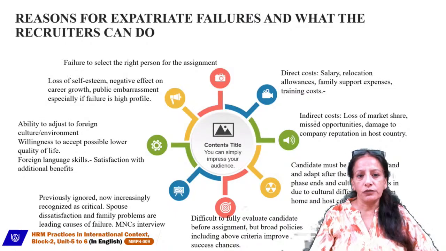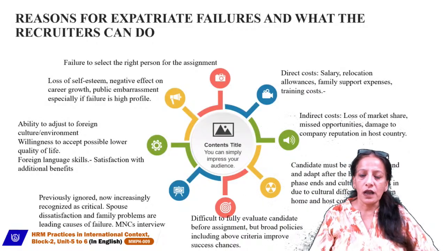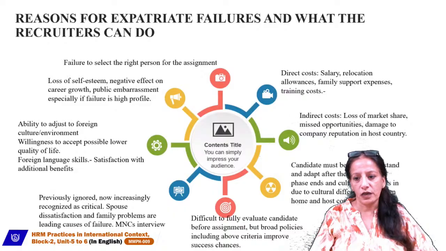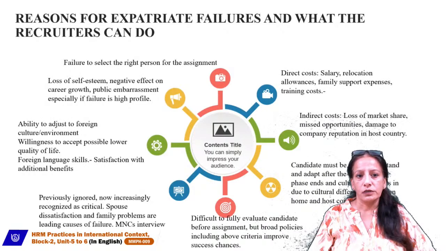So the recruiters have to be very particular during selection, because high-cost recruitments are involved, whereas the indirect cost can be the missed opportunities, or sometimes damage to the company's reputation in the host country, right? So the recruiters have to be very particular to avoid expatriate failure.